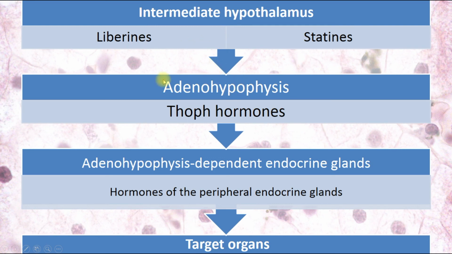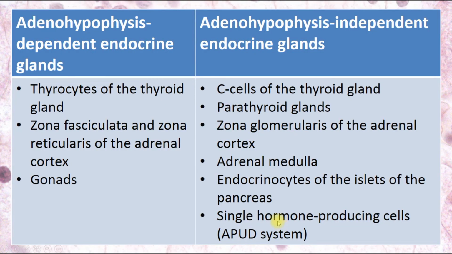Thyroliberin goes to the adenohypophysis and activates thyrotrophs, and they produce TSH, thyroid stimulating hormone. TSH goes to the thyroid gland and activates thyrocytes. They produce T3 and T4, and they go to target organs. It's the last level of the regulation. And these levels of regulation are called the hypothalamo-hypophyseal system of regulation.